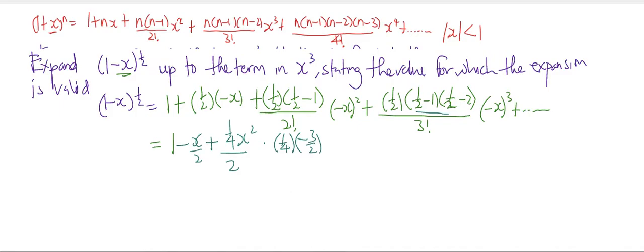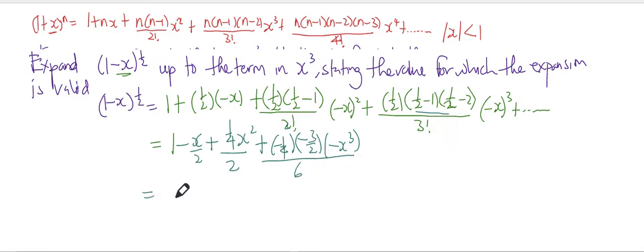No, I'll just keep it as positive, and later we can simplify. So positive, that's 1 over 4 times negative 3 over 2, so it should be negative. So 1 over 2 times negative 1 over 2 is negative 1 over 4, and that is negative x cubed over 3 factorial, which is 3 times 2 times 1, which is 6.